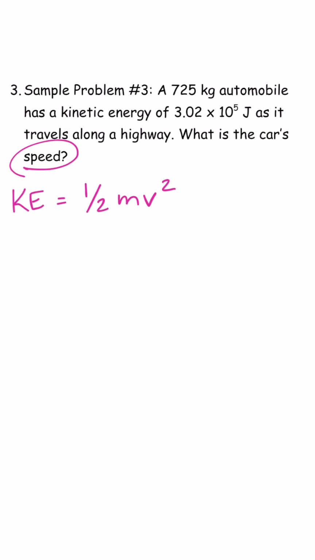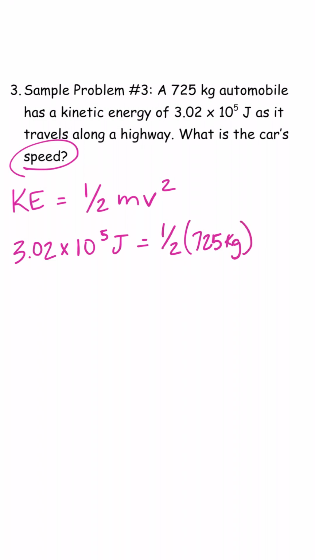The kinetic energy, it tells me, is 3.02 times 10 to the 5th joules. The mass, 725 kilograms. And we're trying to solve for velocity. All right, so we're going to keep that velocity squared with it until the very end.